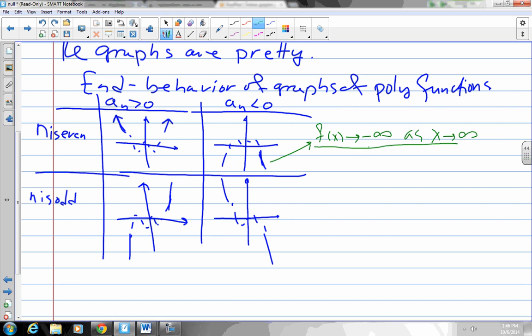I can describe this behavior by saying the values of the function go to positive infinity as the values of the variable go to negative infinity, right? As you're moving in the negative x direction, the values of the function are going up for that particular graph. Okay?